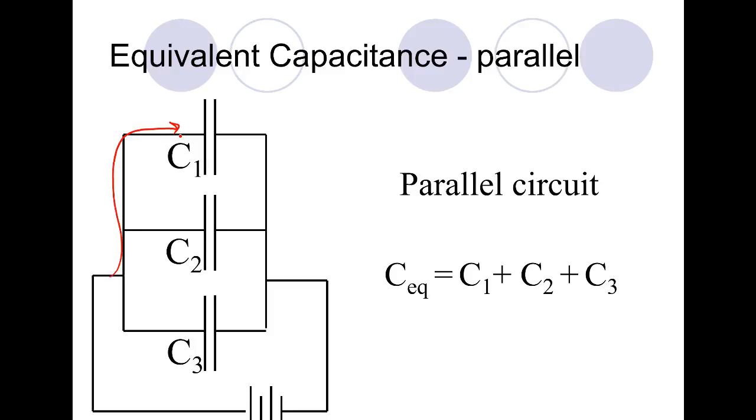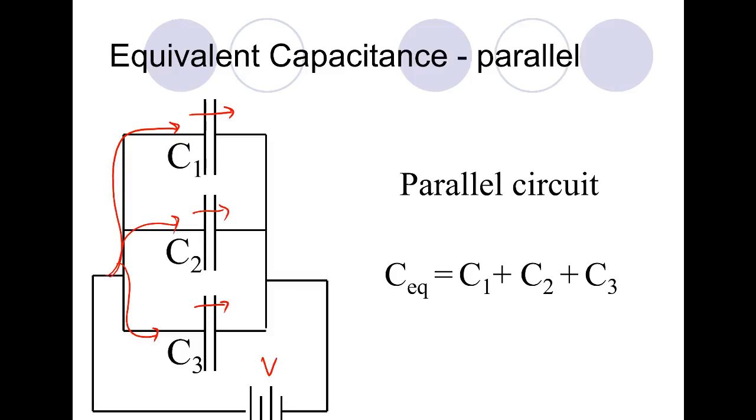It can come up through this first one, go through the second, go through the third. And in each case, it's going to experience an electric field, and the voltage difference across that electric field will be the same as that provided by the battery.